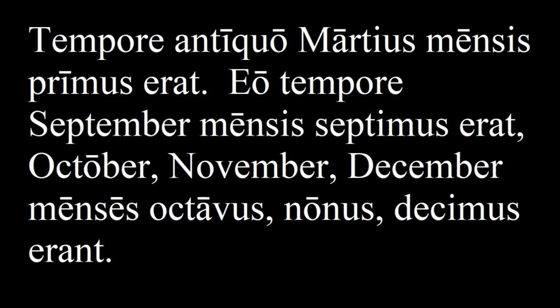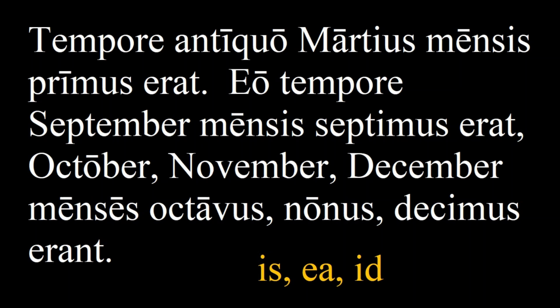In the second sentence, eo does not mean I go. This is a homonym, and is the ablative form of is, ea, id. These are the words that eventually turned into he, she, it in vulgar Latin, as I mentioned in the video on how Latin became the Romance languages. In classical Latin, it was used to refer back to something just mentioned, so eo tempore means at that time.